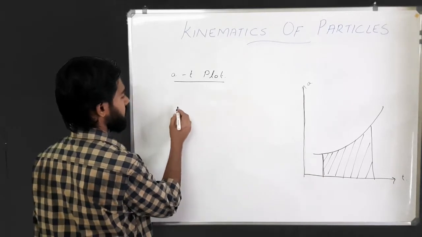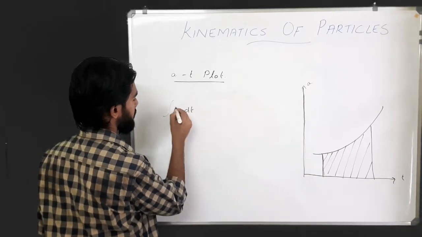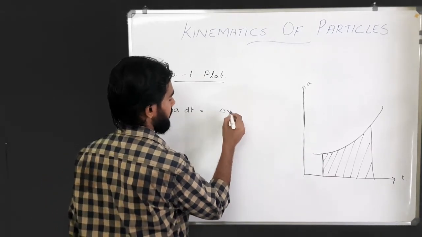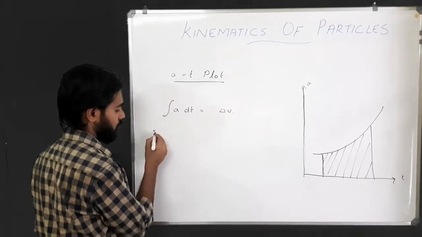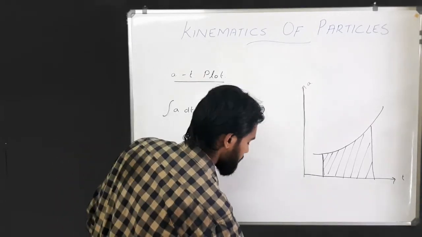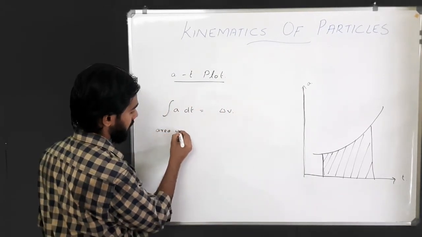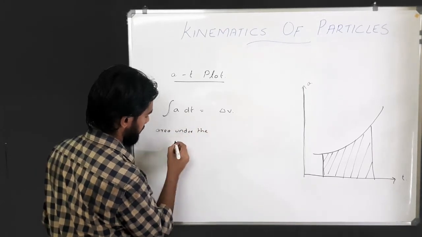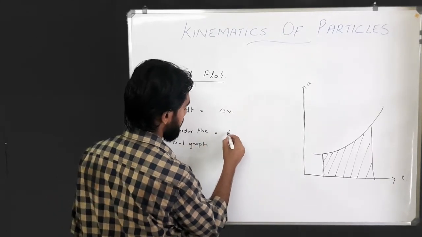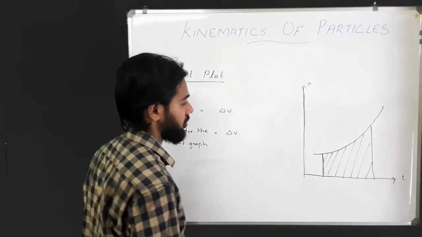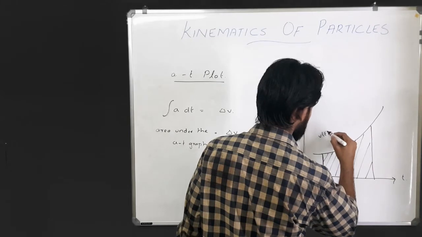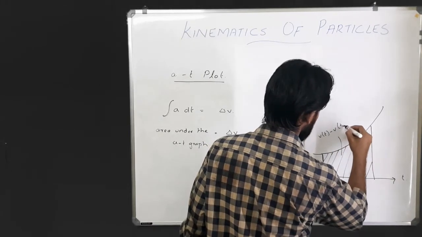This corresponding integral of a dt is actually delta V. So the area under the AT graph will give me the change in velocity delta V, which is V of t minus V of t0.